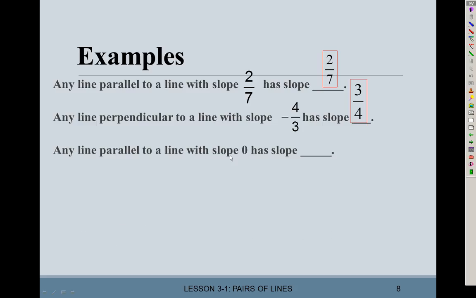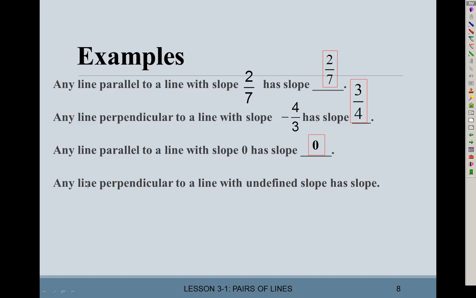A line parallel to a line with a slope 0, well, parallel lines have the same slope, so that one is 0. A line perpendicular to a line with an undefined slope, well, here's a tricky one, because undefined slope is vertical. What's perpendicular to vertical?